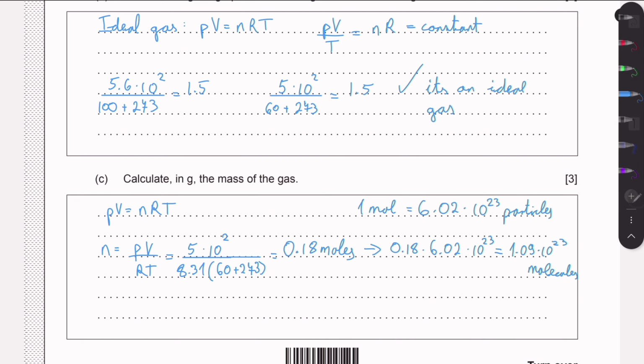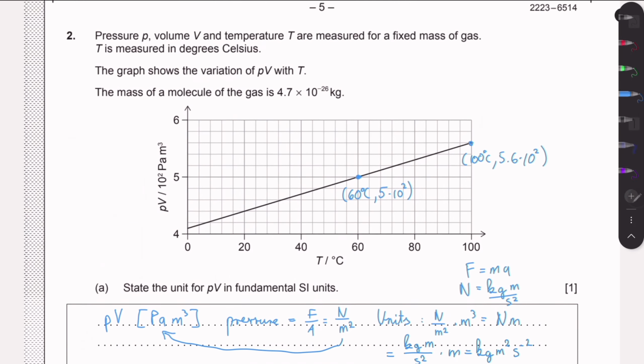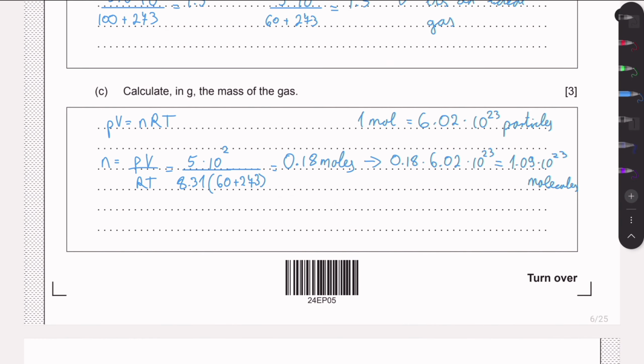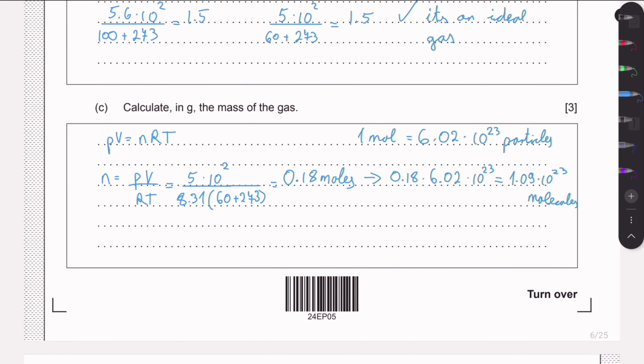And then we know the mass of one molecule. So if we have this many molecules, then again we just need to do this multiplication. So the mass of the gas will be 1.09 times 10 to the 23 times the mass we were given, 4.7 times 10 to the minus 26. This will give us a mass of 5.1 grams.